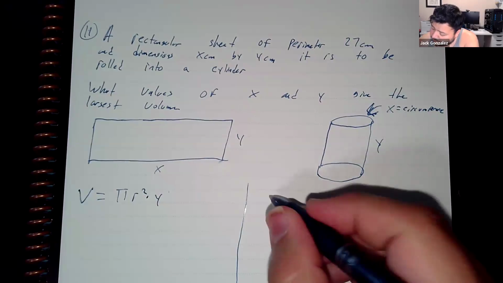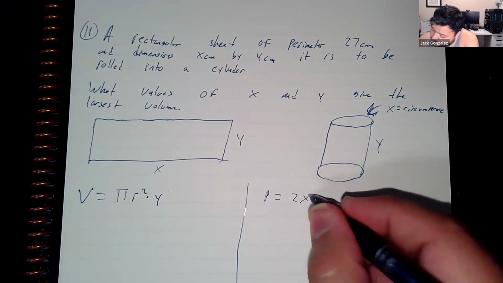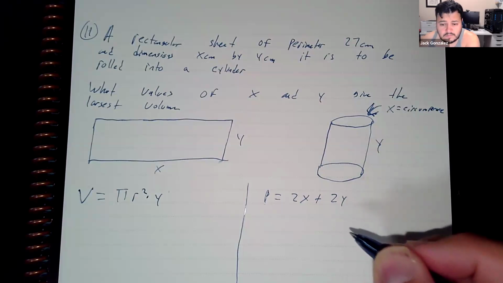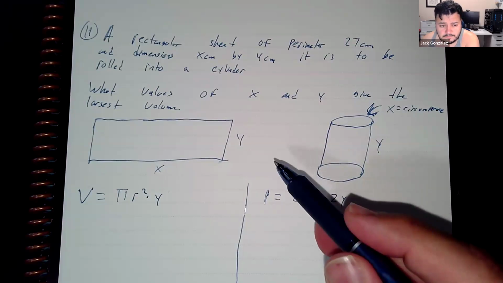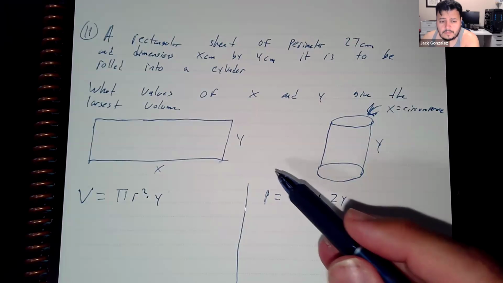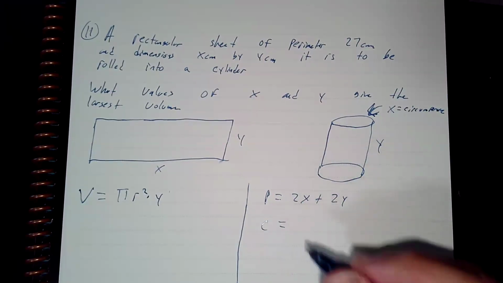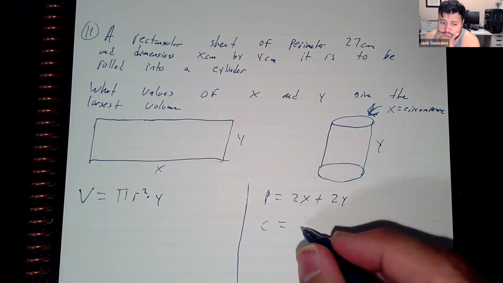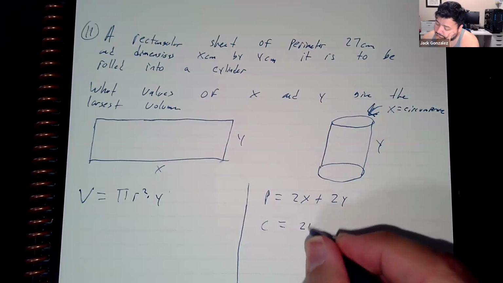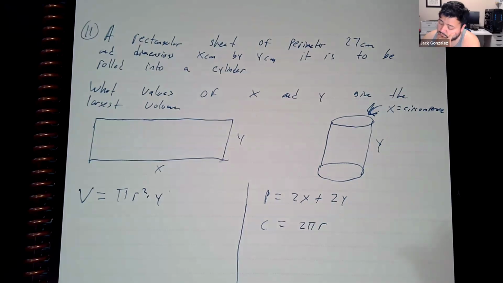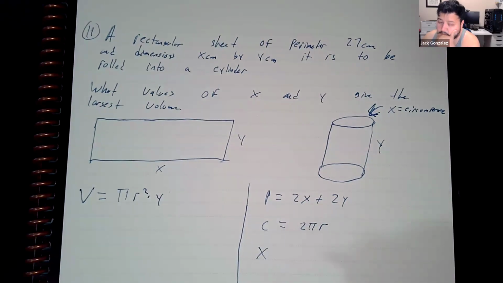If we think of it in terms of perimeter first, do you agree that the perimeter is going to be 2x plus 2y for the rectangle? Yes, which is half of the 27 centimeters. And you agree that circumference is equal to 2 pi r? Let's get all our formulas together.